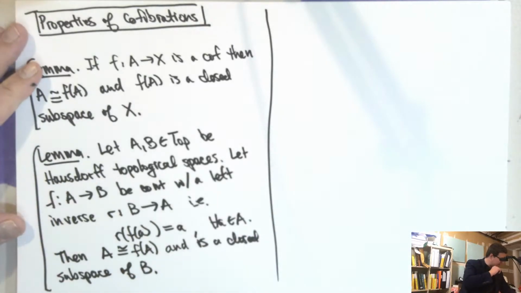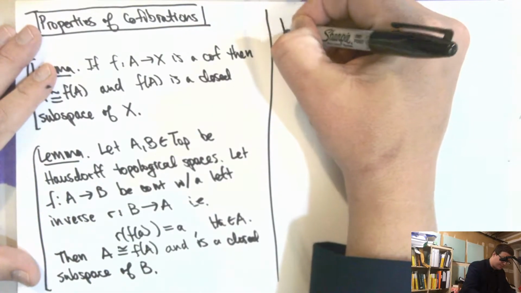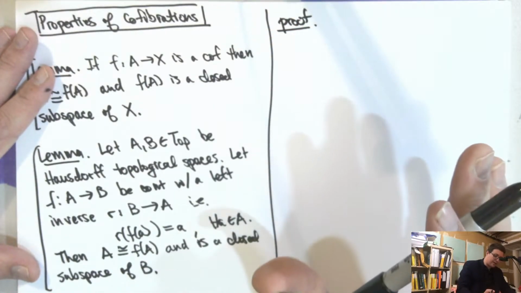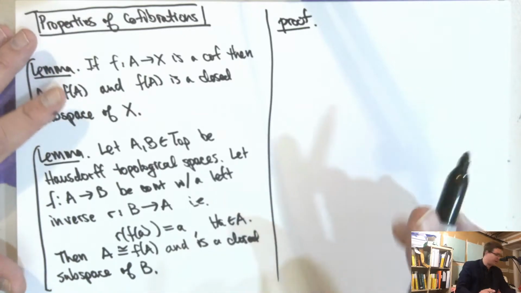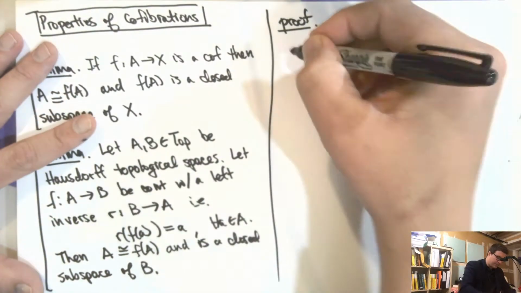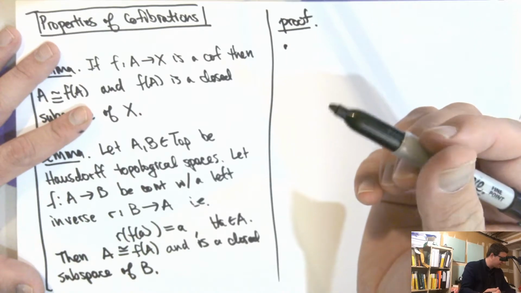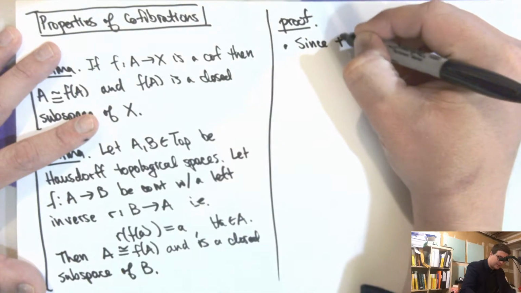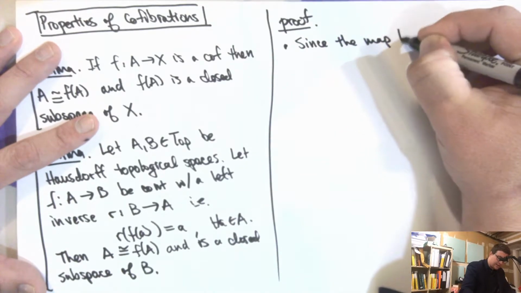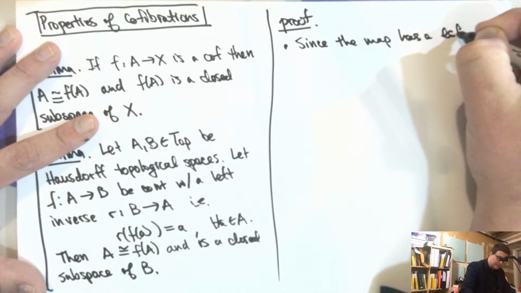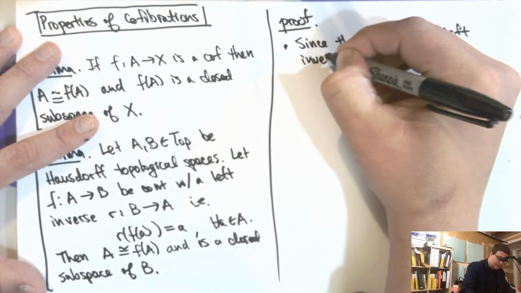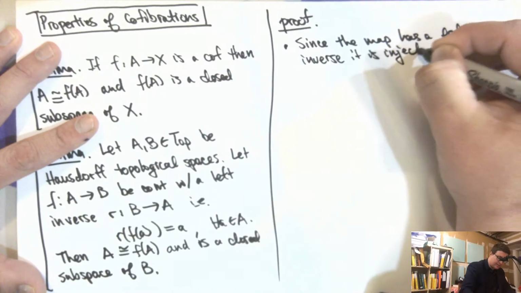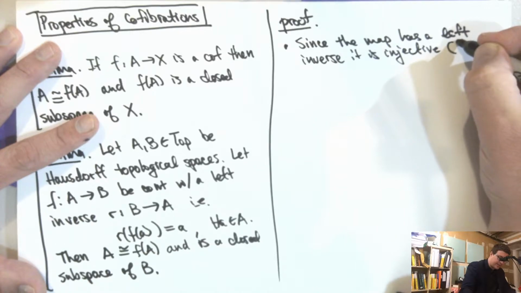Okay, so the proof is pretty easy, if you make it easy. If you make it hard on yourself, these things get really hard. Since the map has a left inverse, it's injective, and hence bijective onto its image.